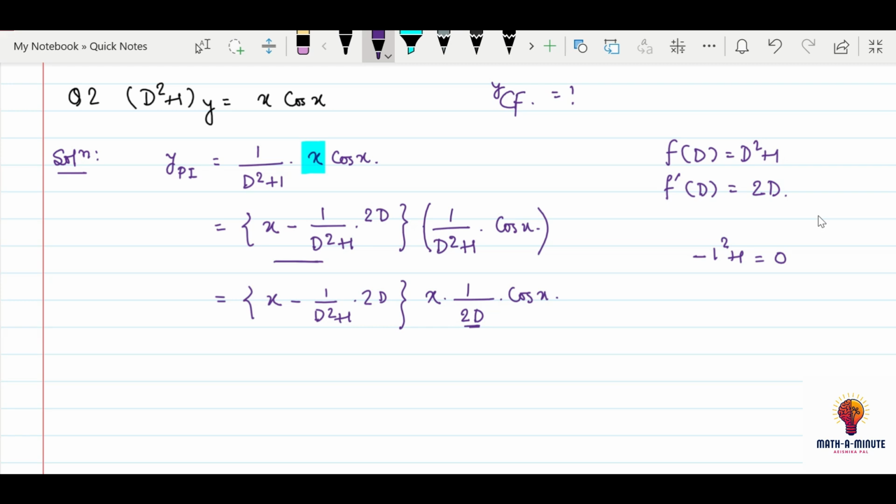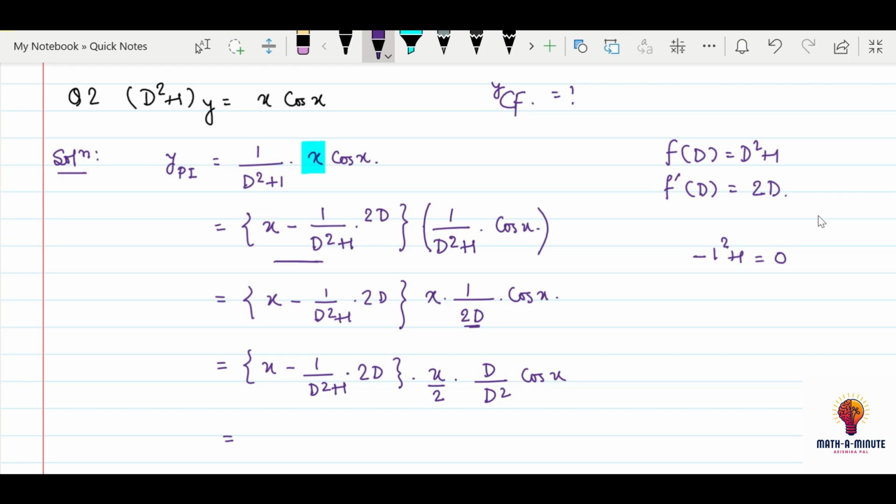So how can I make this a function of D square? It will be x by 2D divided by D square. Now we can put minus 1 square here, because it is not equal to 0. Then we calculate the derivative.